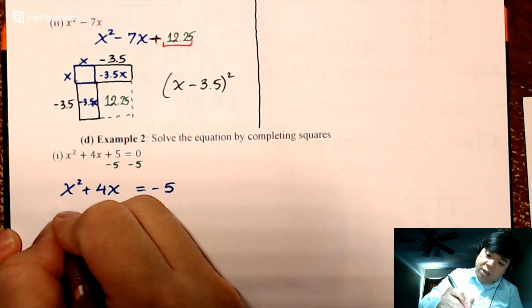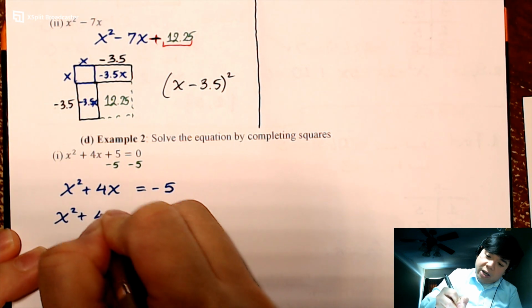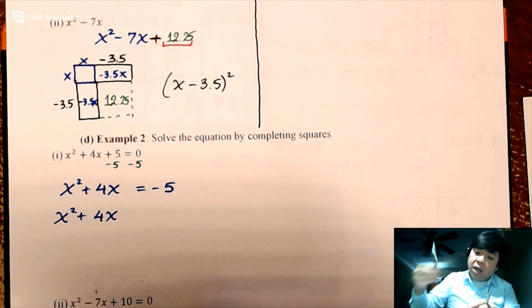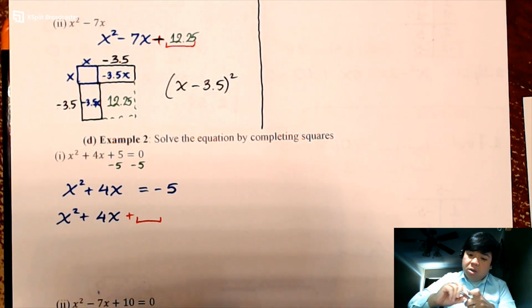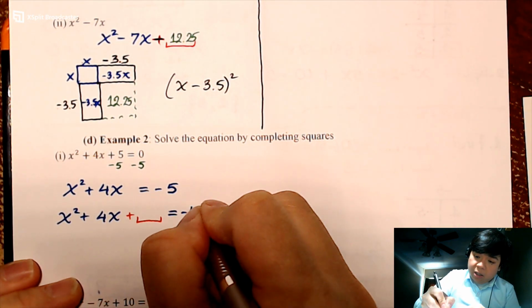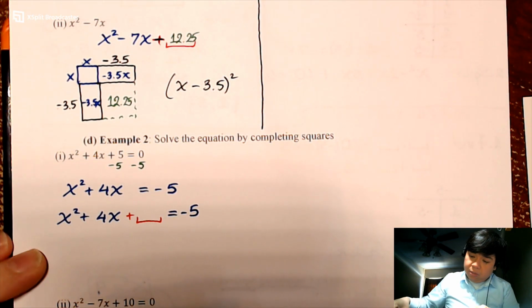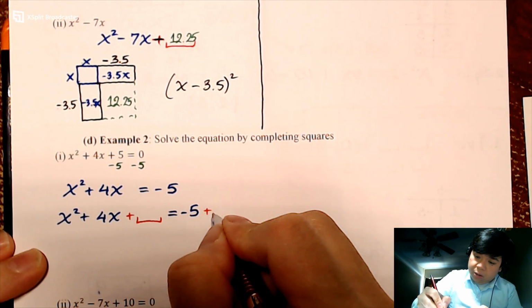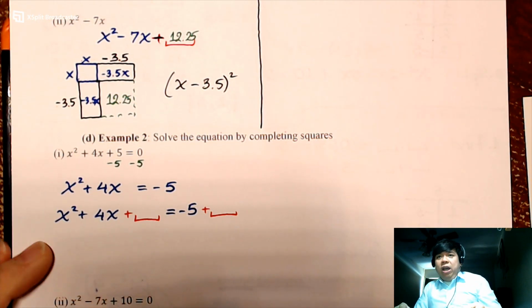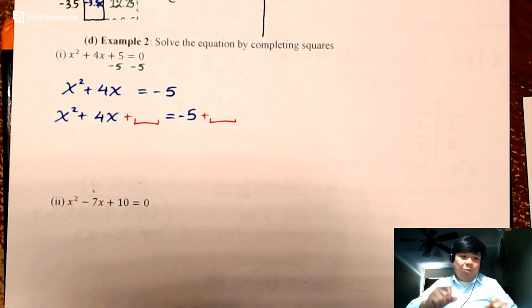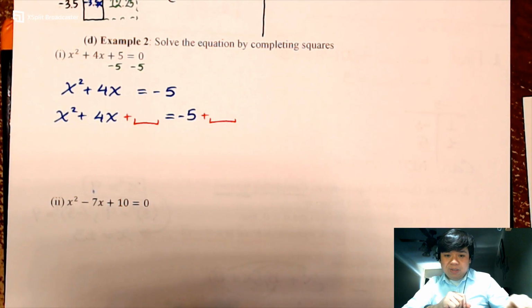Okay, so x squared plus 4x. We do the same thing like previously, but this time I'm going to add the same thing on both sides. Now what do we add? Well, use the same thing like breaking the 4x.